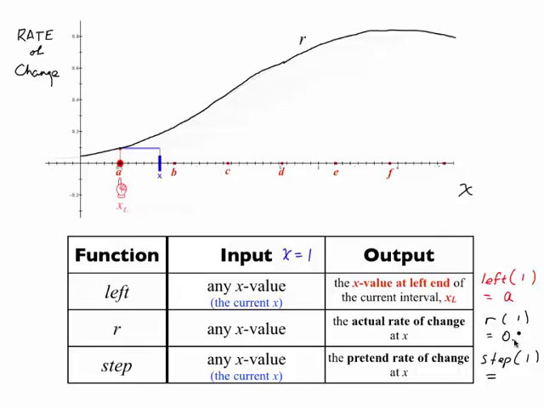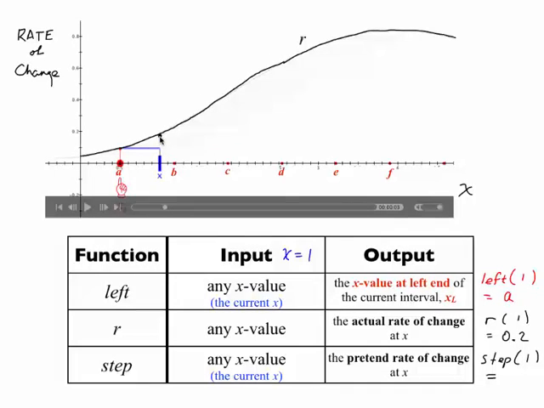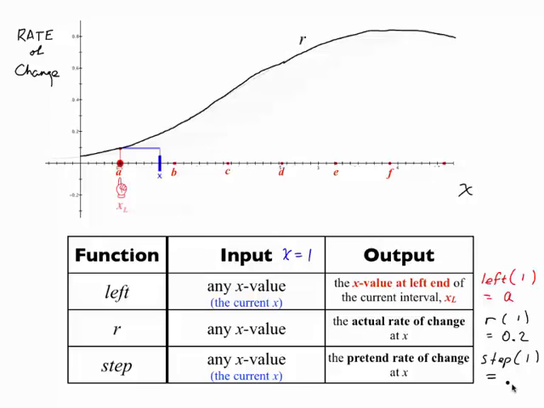It's the actual rate at 1. Where do we get that from? The curve, the y-axis. The actual rate at 1 is the y value of this point on the R curve. So about 0.2. What about step of 1? So that's about 0.1.